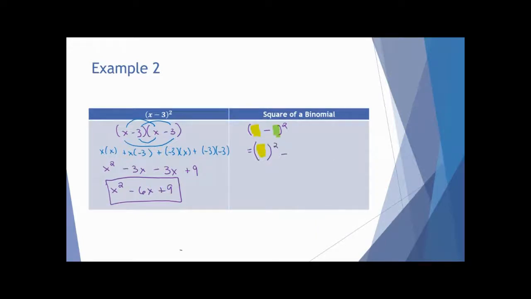Then you get minus 2 times the middle, or both the yellow and the green. This is an interesting pattern. But you have both the yellow and the green, and they get multiplied together to form the middle term.